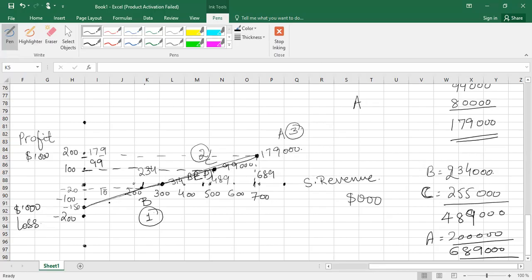So you can see the slight difference or curve between these two lines. First, you will follow this sequence and then you will draw the simple straight line which is relevant with the profit volume chart or multi-product CVP analysis. Right, everyone? Any questions?